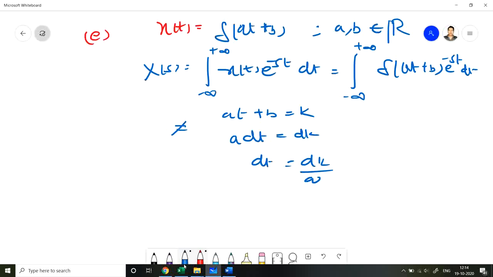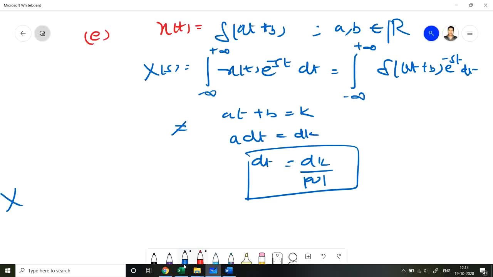Since a may be positive and a may be negative, it is better to take it in modulus form. So we can write dt equal to dk divided by modulus of a.